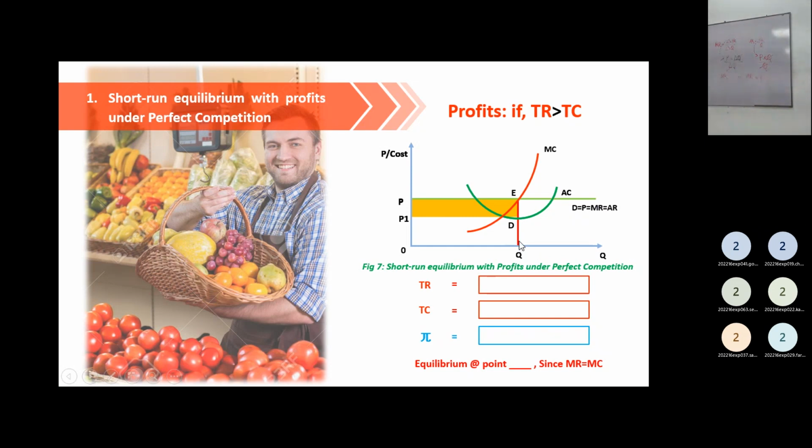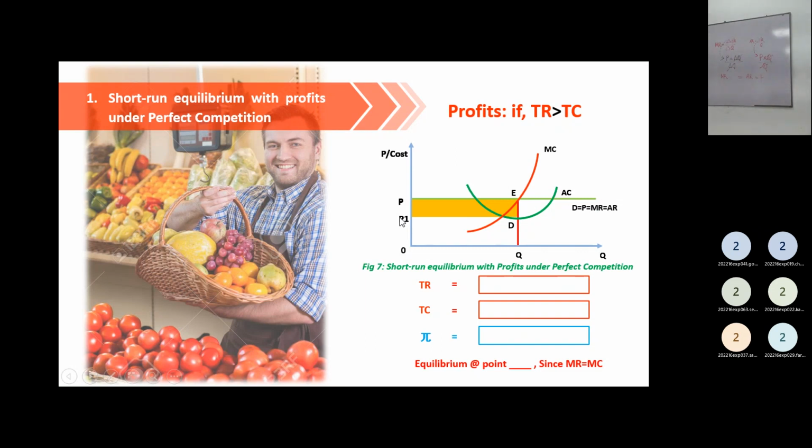Then again, we go along this curve. Once we go along this curve, which curve do we meet first? We meet our average cost curve. For you to produce this much output, the average cost is how much?